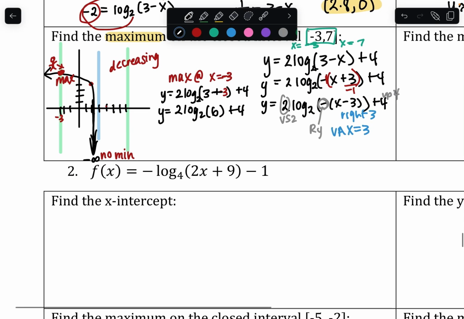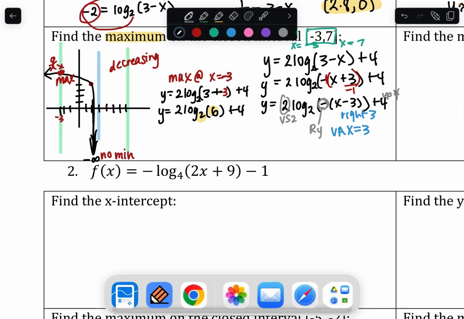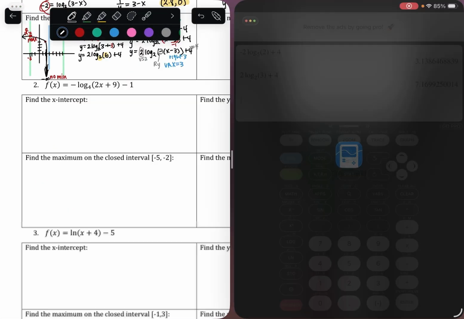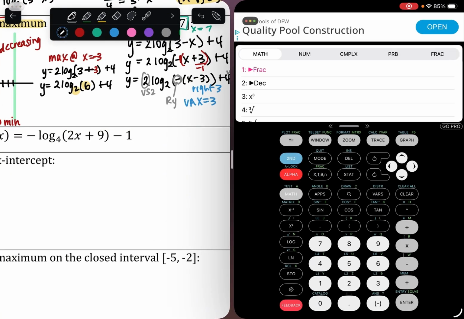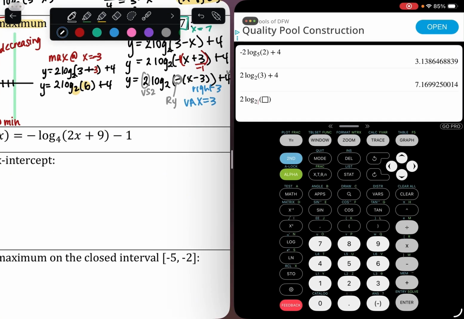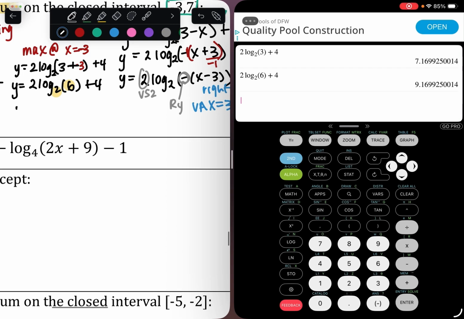And then 6 is not a power of 2, and so we do need our calculator to simplify this. So 2 times log base 2 of 6 plus 4. And so our y value is approximately 9.2. And so that's what we would say for our maximum.